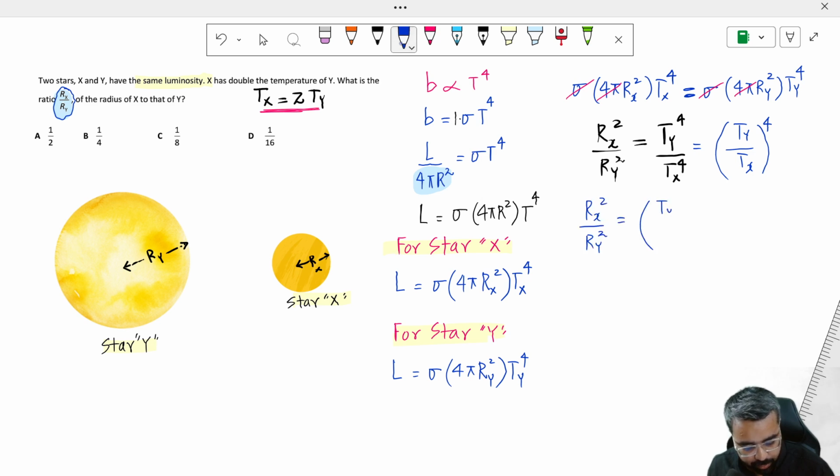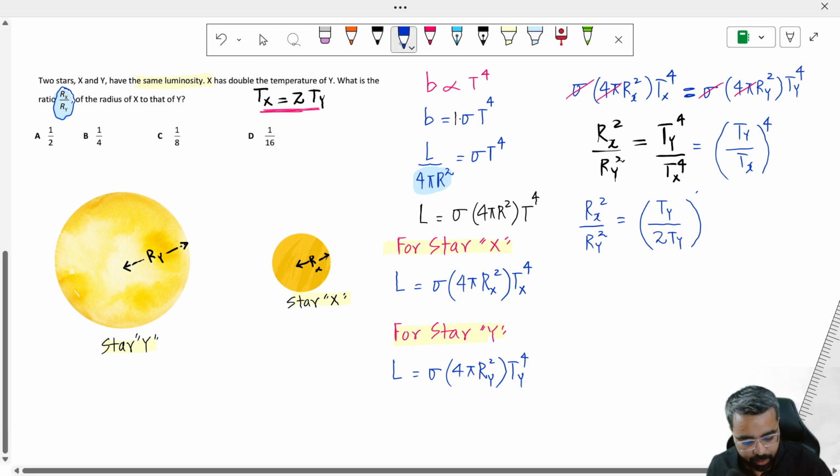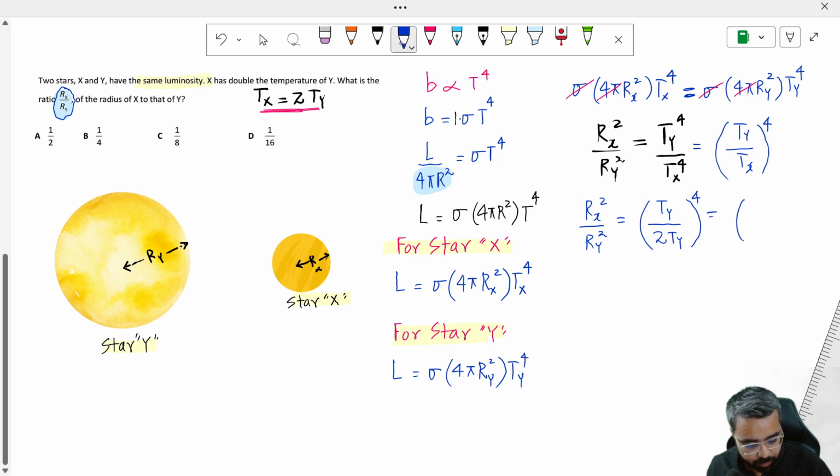So I will write here Ty over 2Ty, because the temperature of star X is 2 times the temperature of Y, raised to power 4, and it will become 1 over 2 raised to power 4, and that will become 1 over 16. And now, because we still have to take a square root, when you take the square root, that must be equal to 1 over 4.